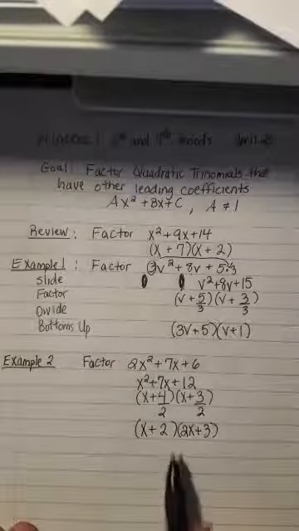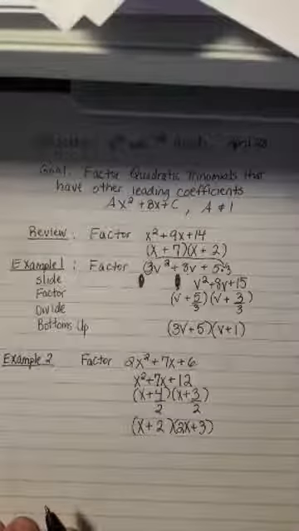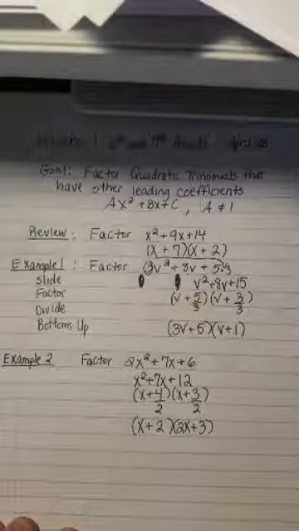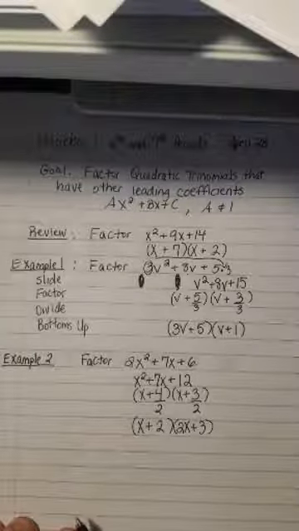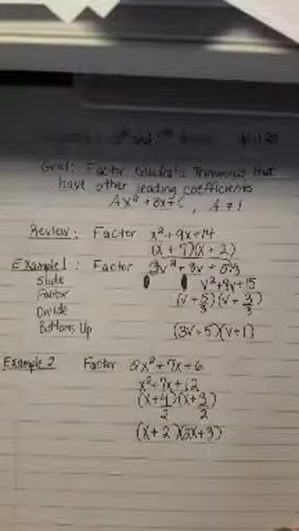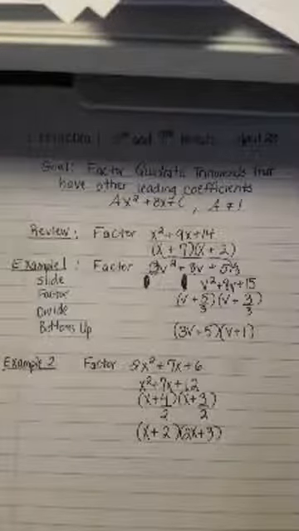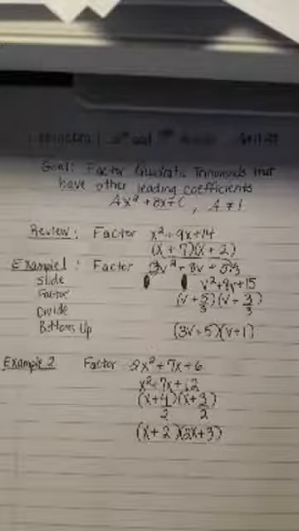I hope that one made a little bit more sense than the first one. And then when we do example 3, it'll make even more sense. And I'm going to stop for just a second. I see I have one person still watching. Whoever you are, do you have a question or do you understand? Just if you have a question, type it.